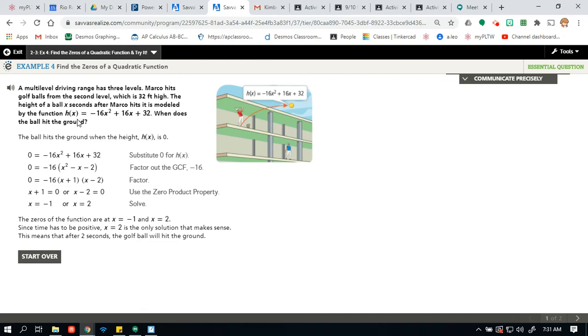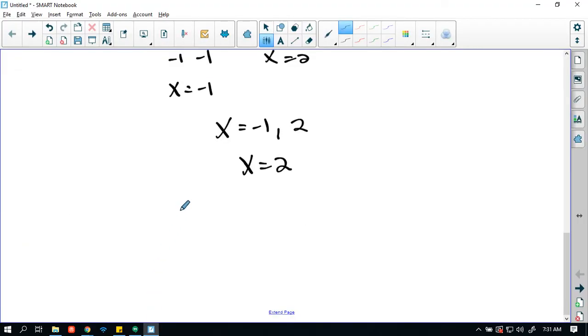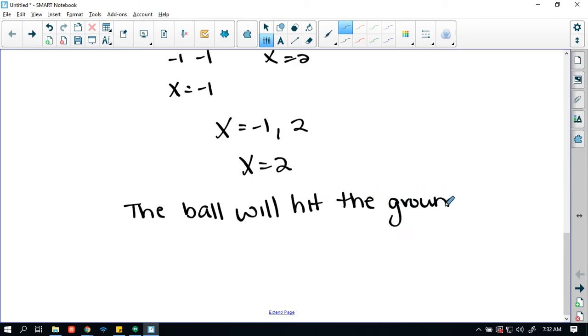So x is representing time. So the ball will hit the ground, or in other words, h of x is equal to 0, at 2 seconds. And x equals 2 seconds.